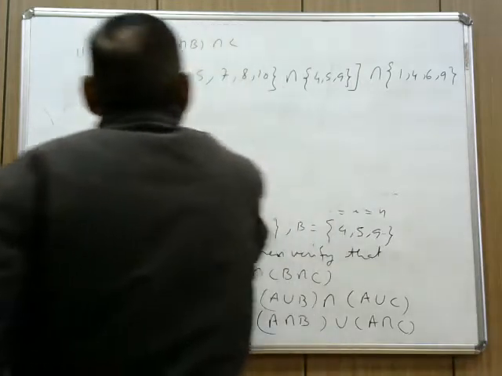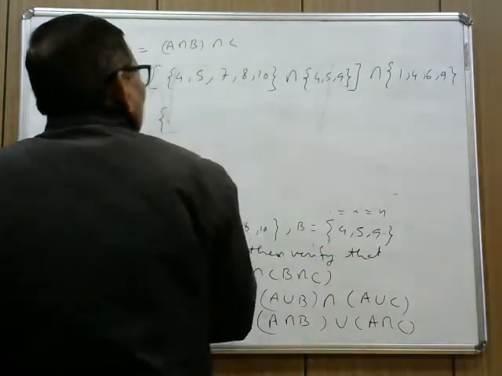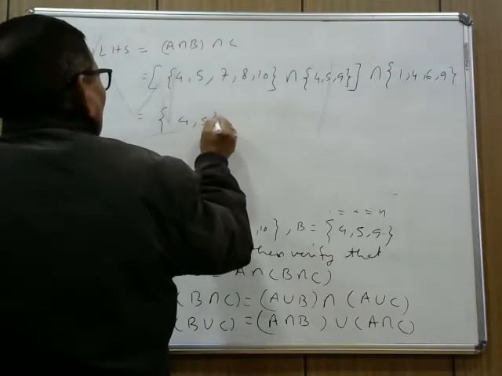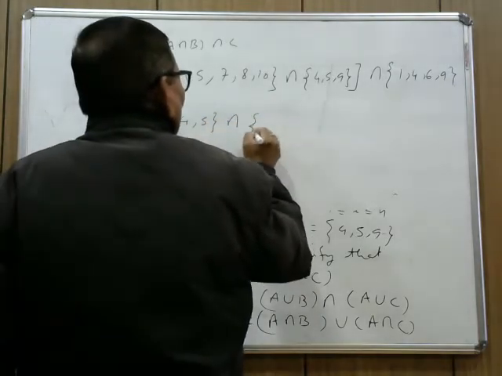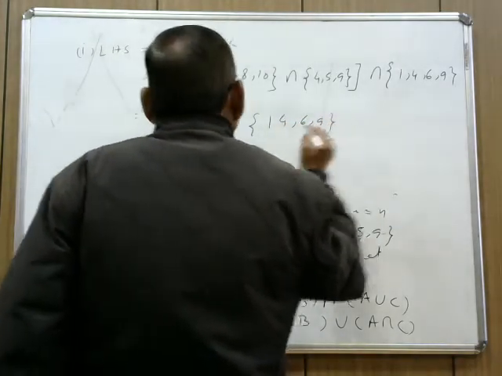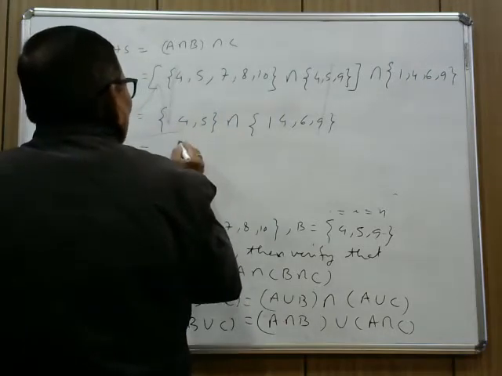You may see the common elements of these two sets are 4 and 5. 4 and 5, intersection 1, 4, 6, 9. So that is equal to 4.